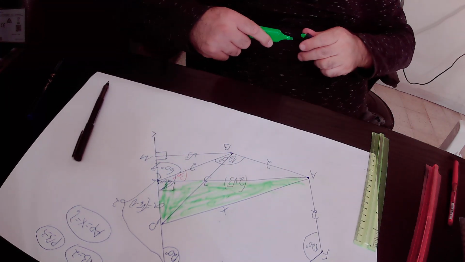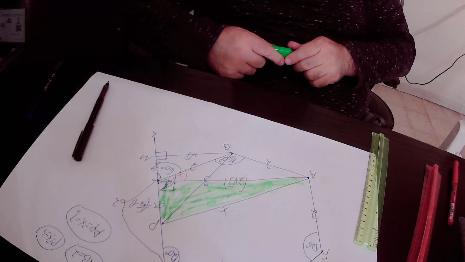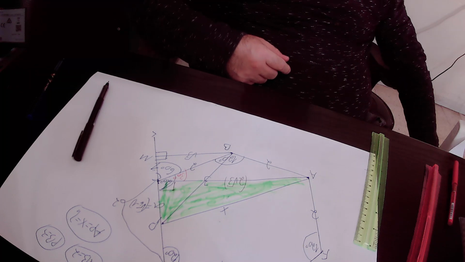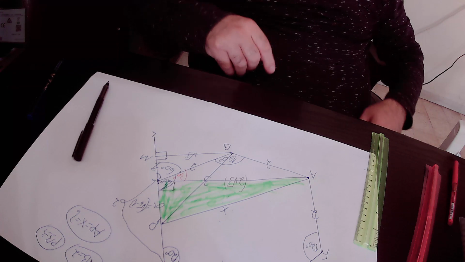So I will copy the right triangle PCA on a new page and will implement the pattern as shown in this right green triangle PCA.